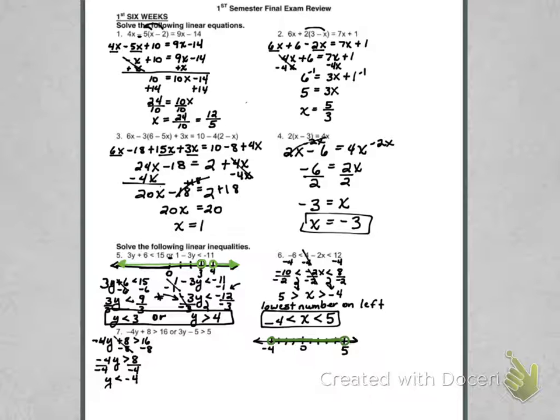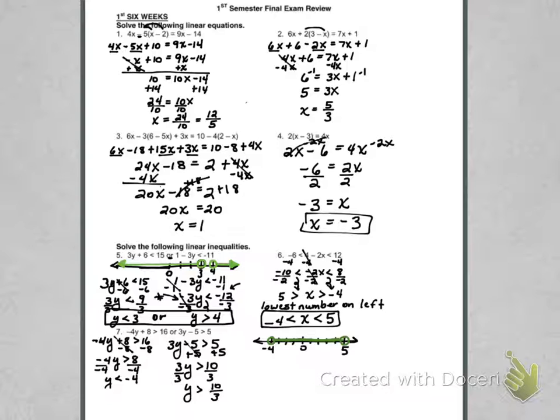Looking at the next equation, we have 3y minus 5 is greater than 5. Adding 5 to both sides, you have 3y is greater than 10. Dividing by 3, since that is not negative, that sign stays as it is, so y is greater than 10/3.